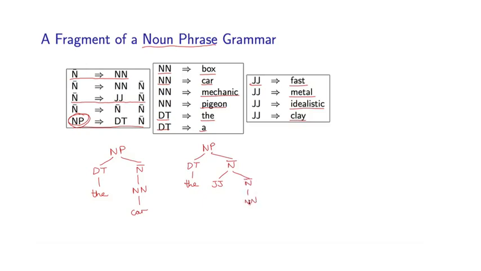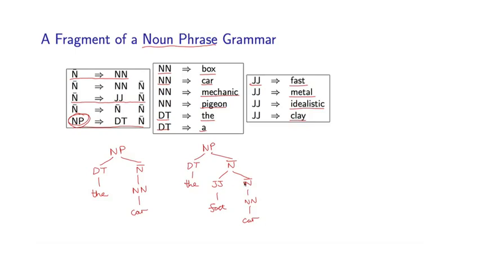And similarly, I can use n-bar goes to N, and then I can say JJ goes to fast, and NN goes to car. Okay, so what do I have here? I have a structure for the noun phrase the fast car. And notice that critically I've used this rule which says that I can create an n-bar by an adjective followed by another n-bar.